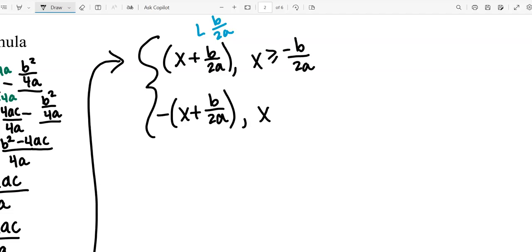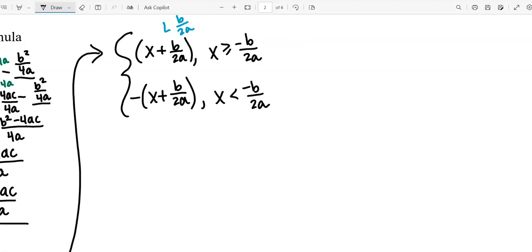And the second one will be for all x's less than negative b over 2a. We're getting there. Hey, haven't you seen negative b over 2a before? What was that? The axis of symmetry. This is your AOS. We learned that in note set 4, or maybe note set 3.